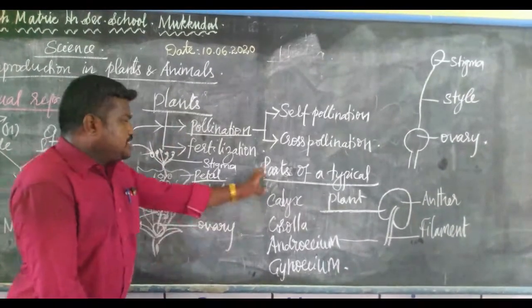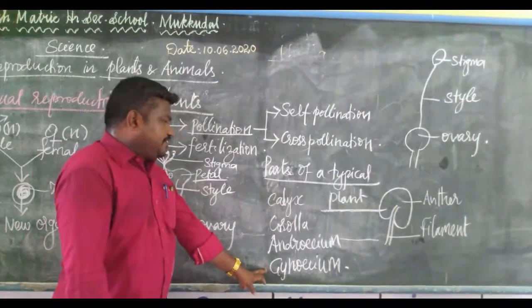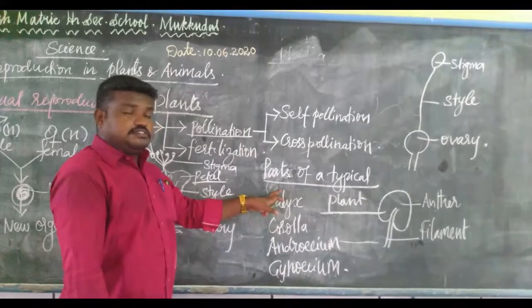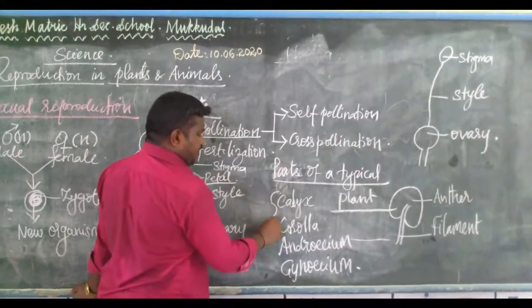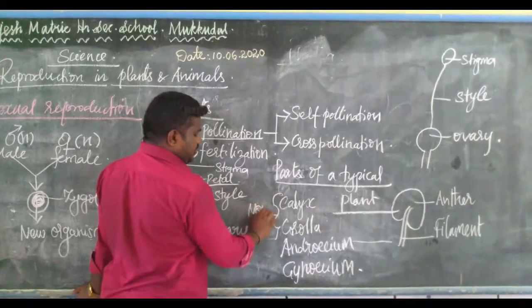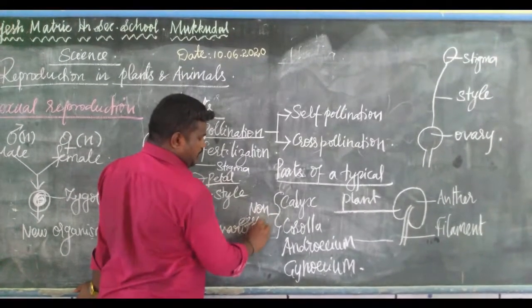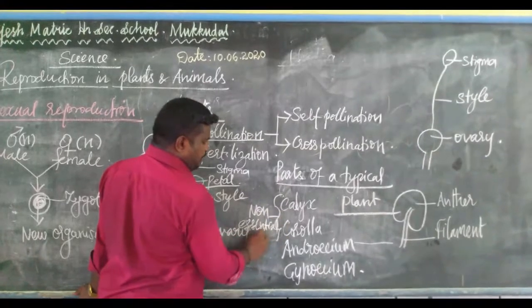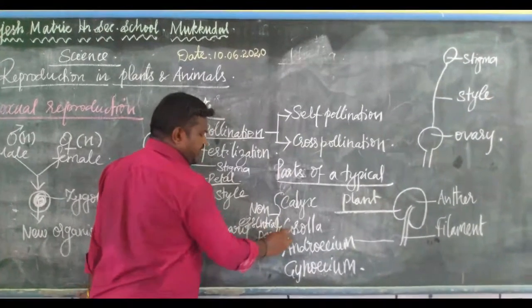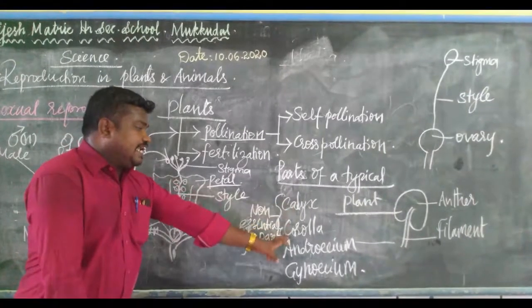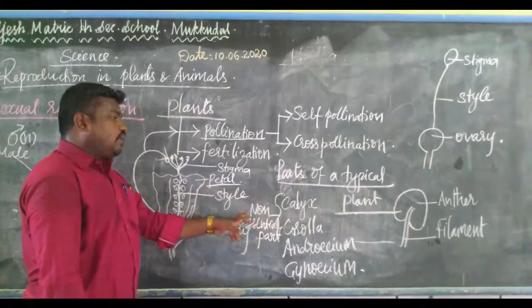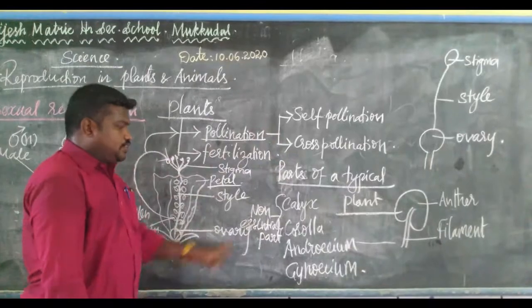So these are the reproductive parts of the plant. And the calyx and the corolla are the non-essential parts. Why is it called a non-essential part of the plant? Because the calyx and the corolla are not involved in pollination. So this is non-essential.